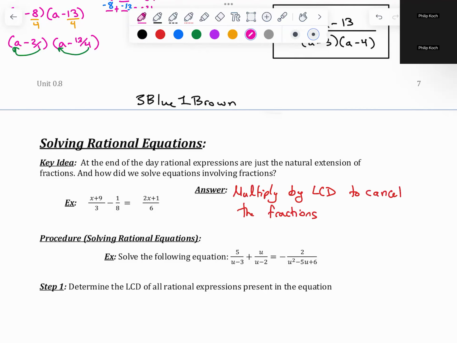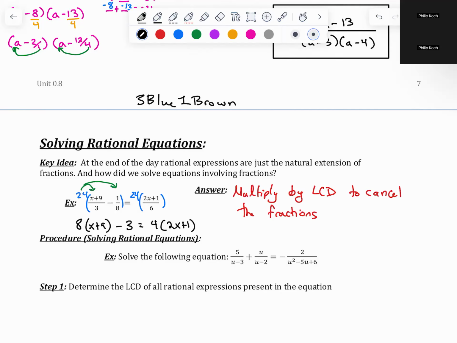If I multiply both sides of this equation by 24, when I distribute it into the left-hand side, the nice thing is that the LCD has all of the denominators in it. 24 is 3 times 8, so it will work with the 1/3, it'll work with the 1/8. 24 is also 6 times 4, so it will cancel all of the fractions. So when I distribute it into the first one, I'll get 8 times x plus 9 minus 3 equals 4 times 2x plus 1.